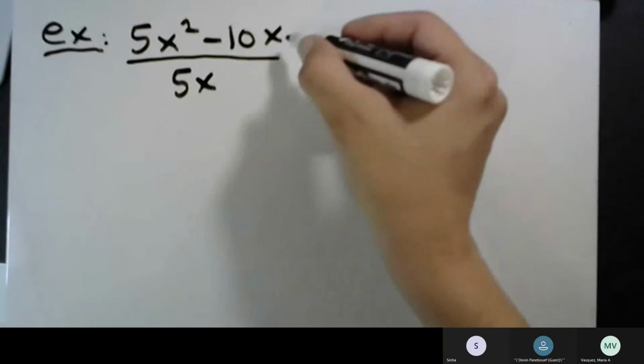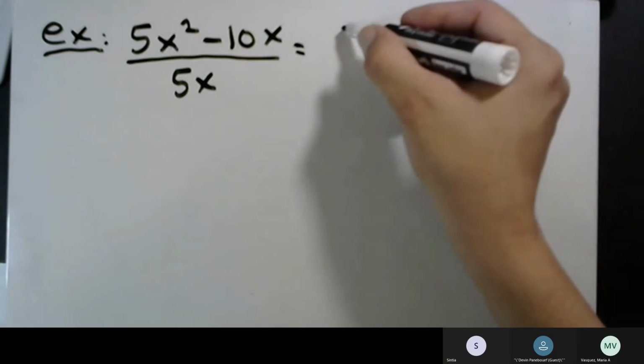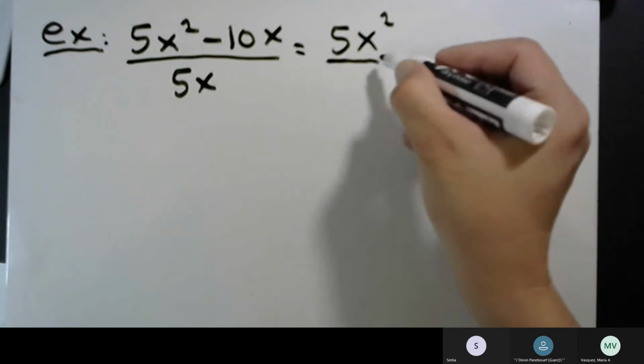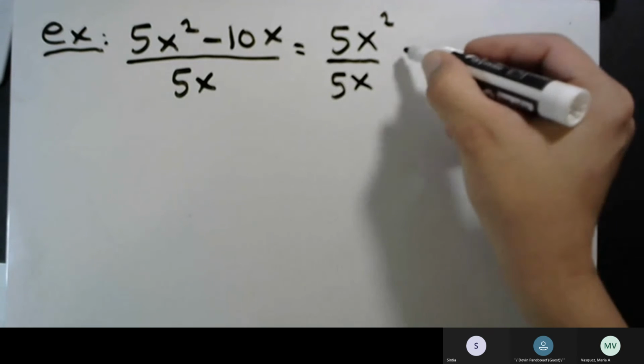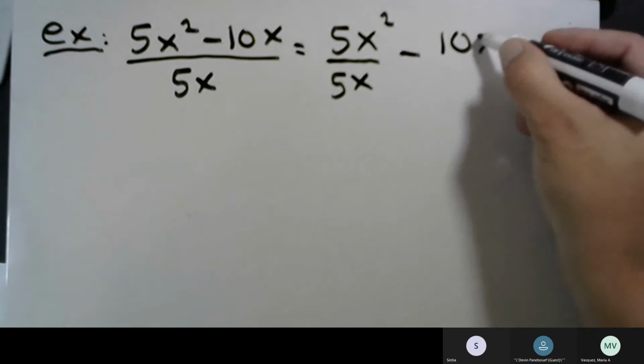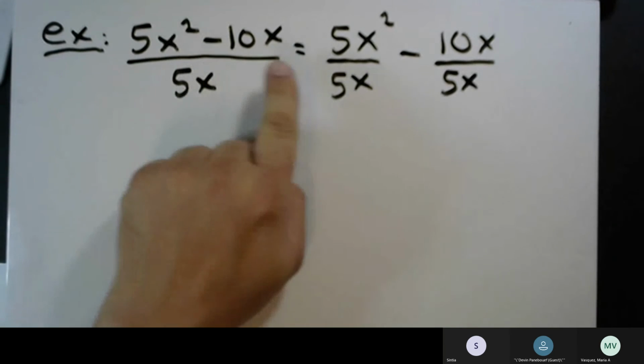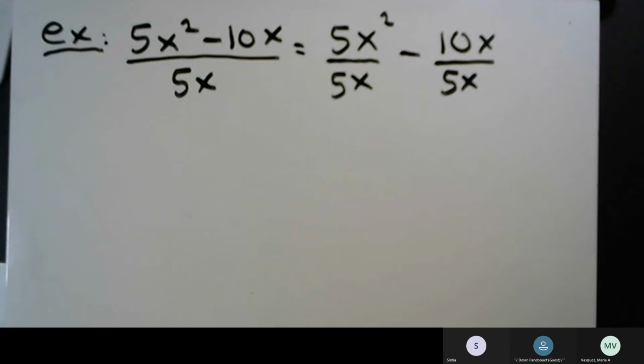So if we're going to perform this division, we're going to break it up where each of the top terms is divided by the same bottom term. And again, if there's a minus or if there's a plus, it won't matter in this case.